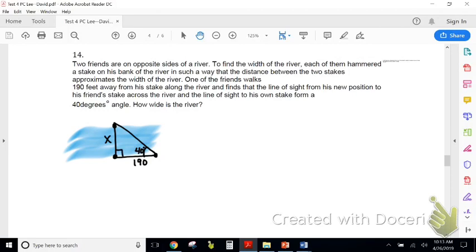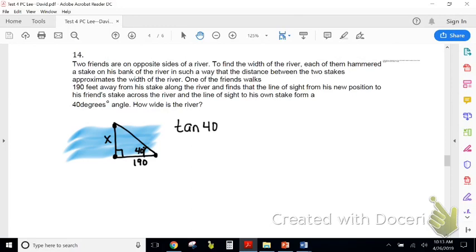Well, we know it has to be straight across because the only way to find the width then would be straight across the river. So it's going to form a 90-degree angle. They gave me my angle of 40 degrees. I'm looking for x, which is what side? Opposite of the 40 degrees. And I know the 190, which is what side to the 40 degrees? Adjacent. So if I'm looking for opposite and I know adjacent, what trig function can we use? Good.